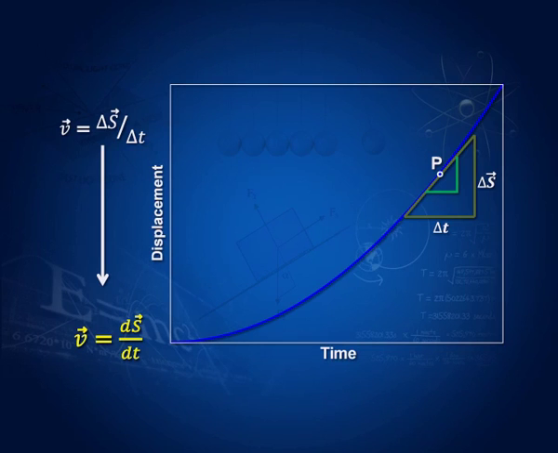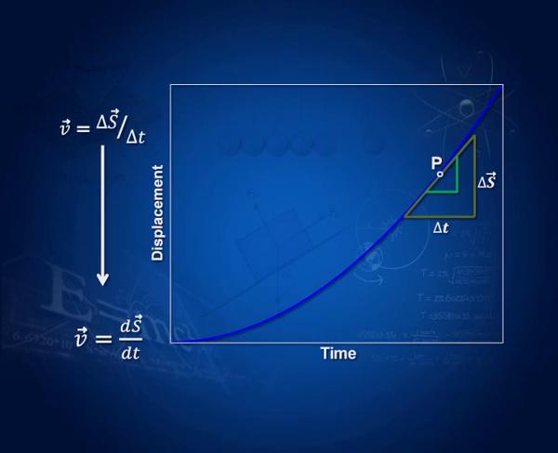So, instantaneous velocity at the point P, not at any other point, at the point P itself, is given by ds by dt, that is the slope at the point P itself. This is a limiting sort of exercise, and we get from v equal to delta s by delta t this important result, that vector v is equal to the derivative of the displacement s.